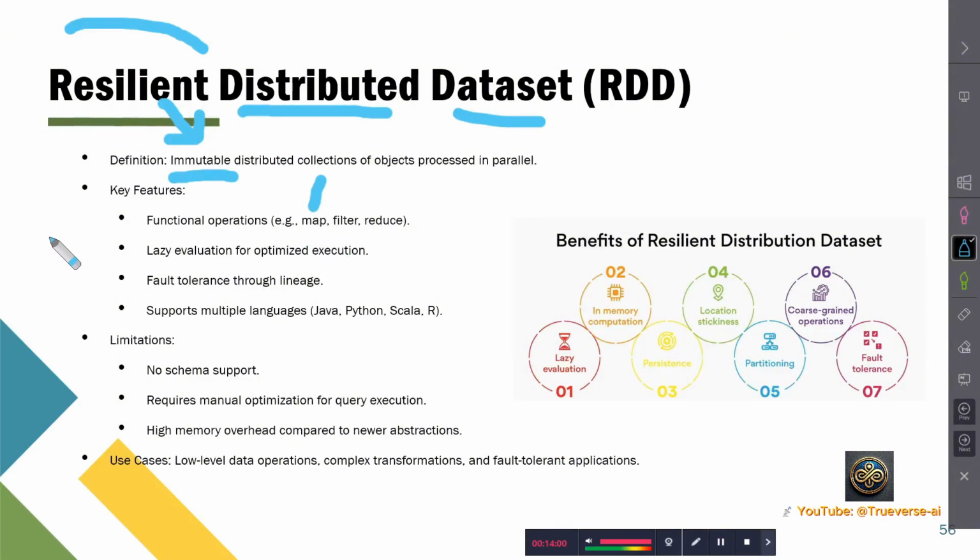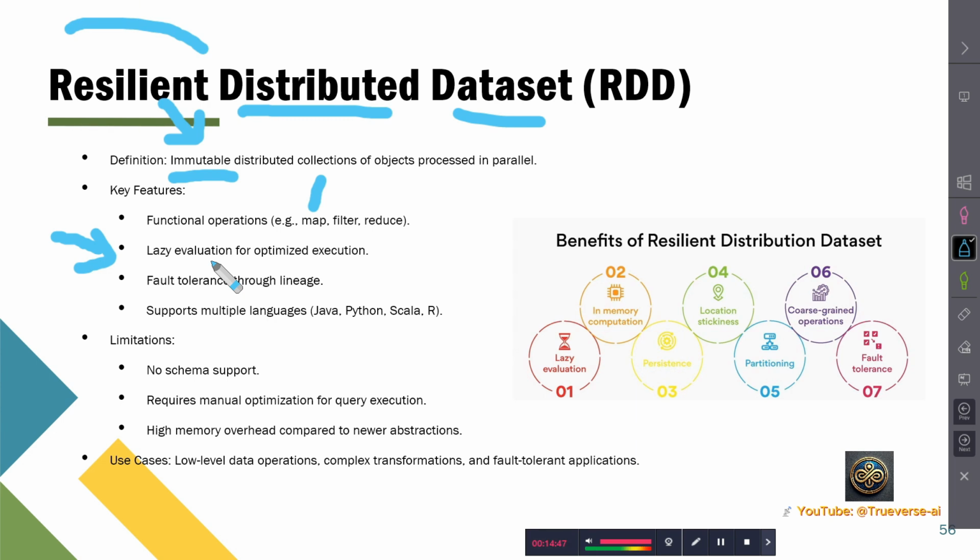Another very important characteristic of the RDD is lazy evaluation. Why do we call RDD in Spark lazy? Because transformations on the RDD are not executed immediately. It's lazy, it's not quick. Instead, these transformations are deferred, meaning delayed until an action is invoked.